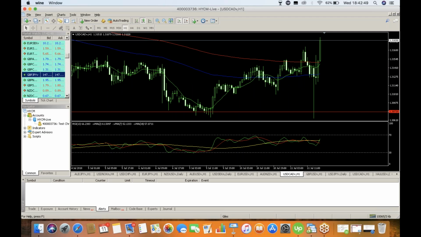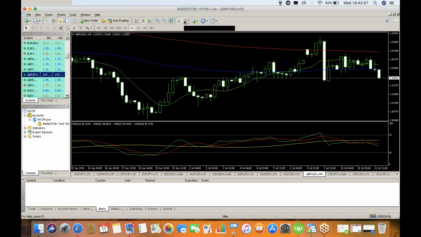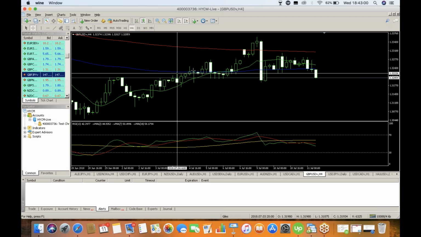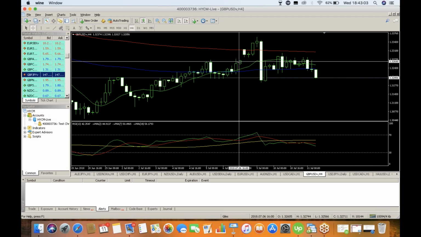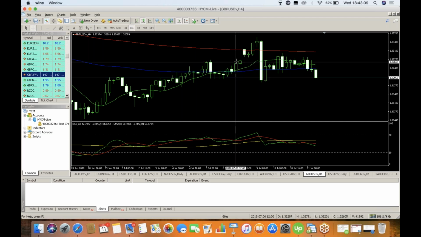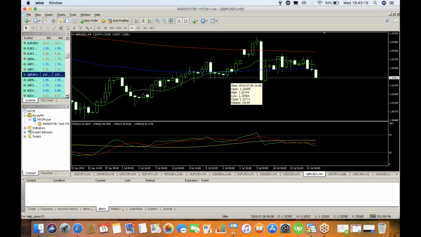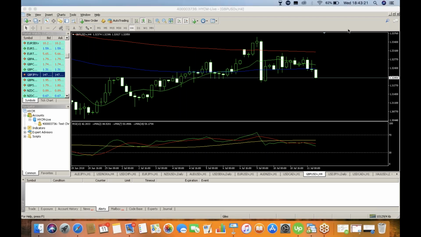Another good sentiment trade to have a look at is on the pound US dollar. If you notice here on the Sunday open, there was a gap to the upside. What happened over the weekend was that Theresa May, on the Friday of last week, took her cabinet to Chequers, a famous venue, and she managed to get all her cabinet together.